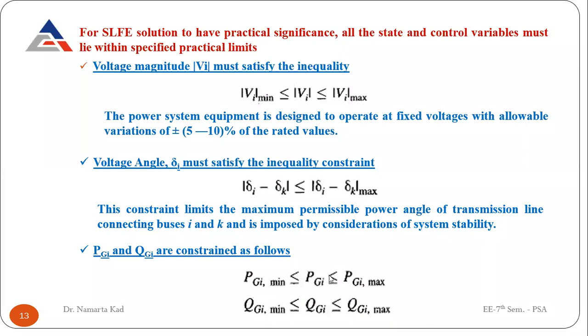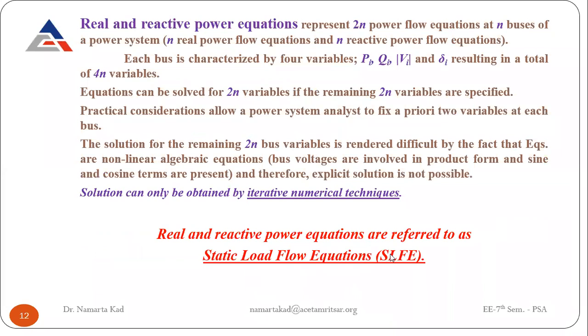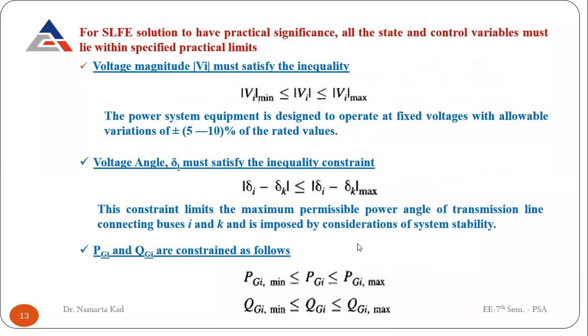You have to take care of these minimum and maximum values while solving these static load flow equations. So these are some of the constraints which make all the calculations related to load flow analysis a little bit difficult to solve manually.